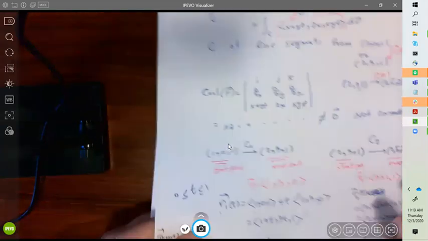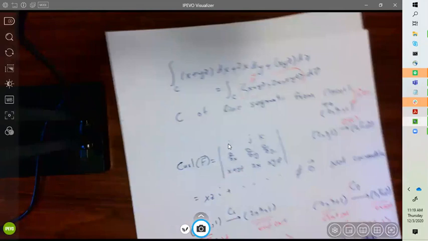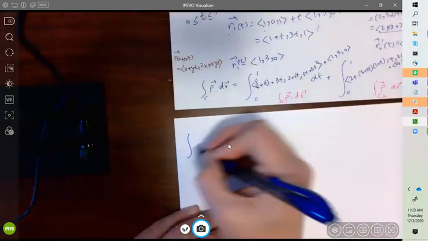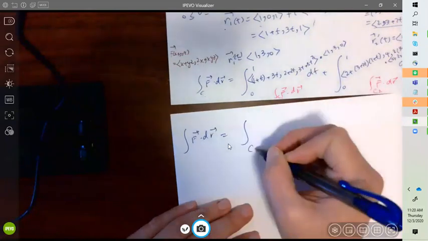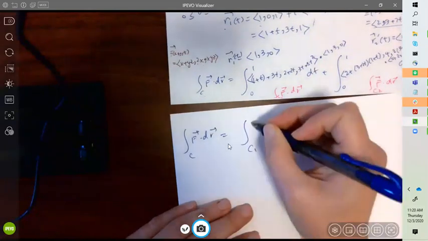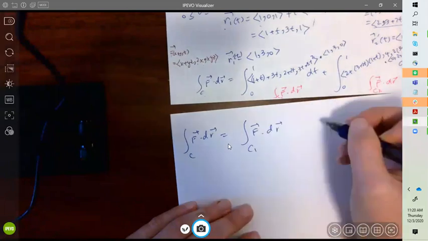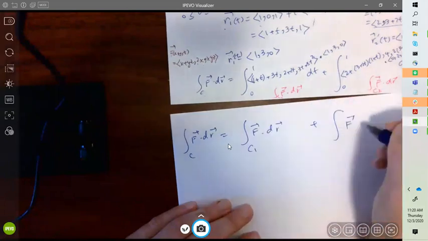So the integration becomes, f dot dr, which was f dot dr over the first piece plus f dot dr over the second piece.